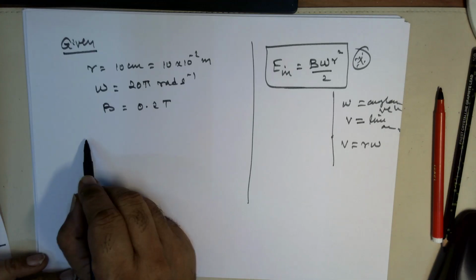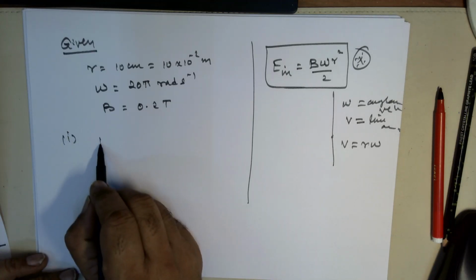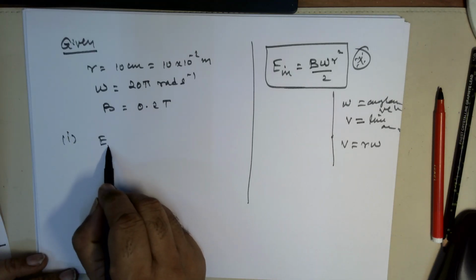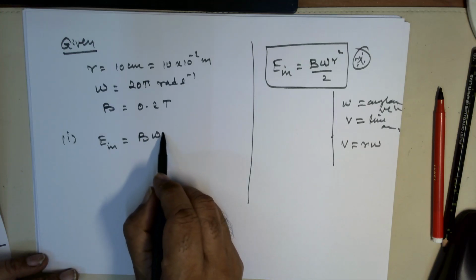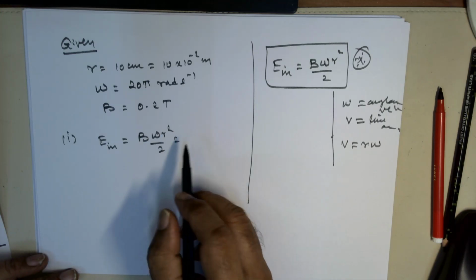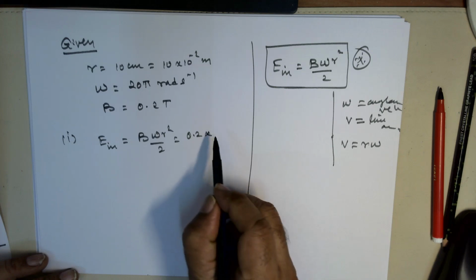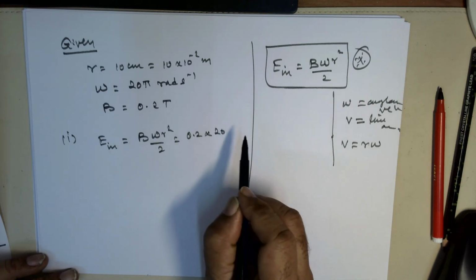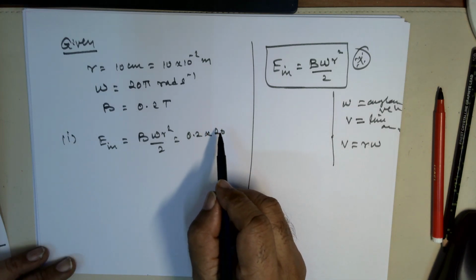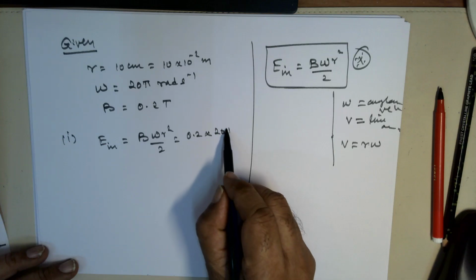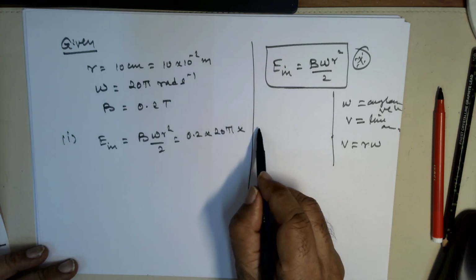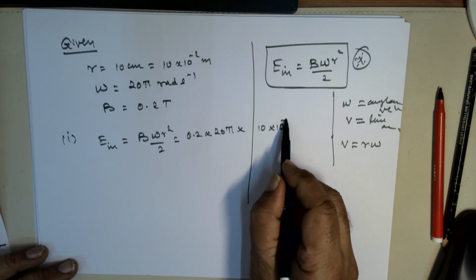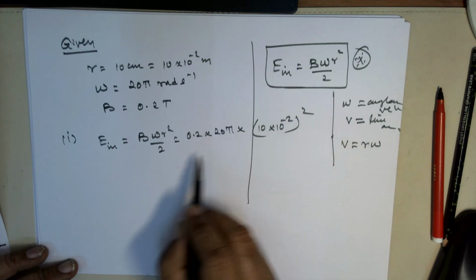You can substitute straight away for the first question. E induced is equal to B omega R squared divided by 2. Substitute 0.2 into omega, 20 pi, and R squared, which is 10 into 10 power minus 2, whole squared.